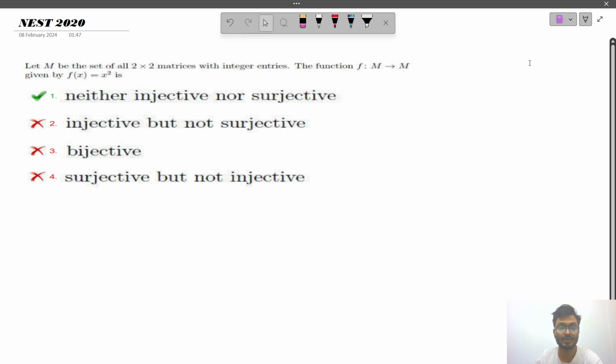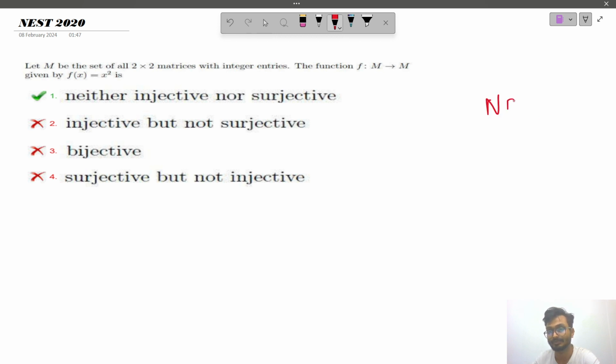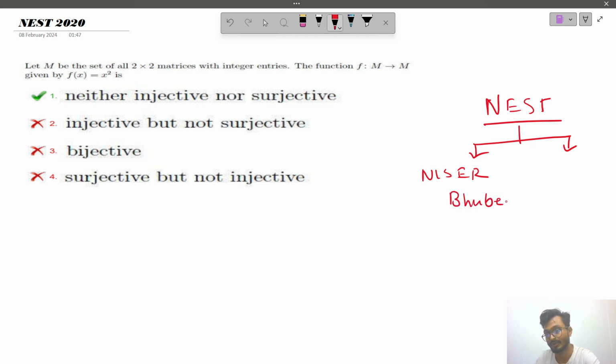So today in this video I will explain a question, and this question was asked in the 2020 NEST exam. Some of you maybe don't know about NEST. NEST is a national level exam for taking admission in NISER Bhubaneswar and CEBS Mumbai.